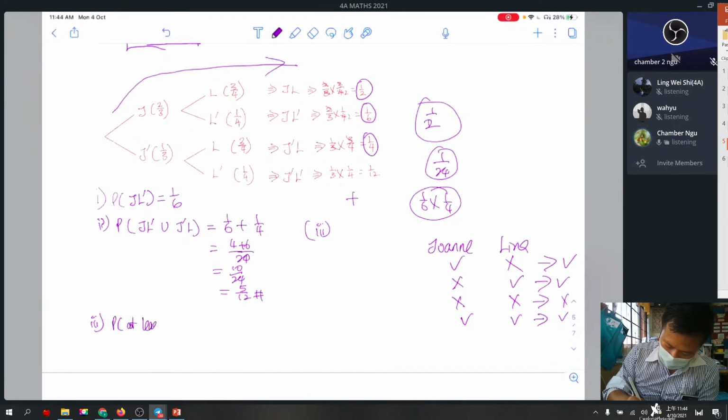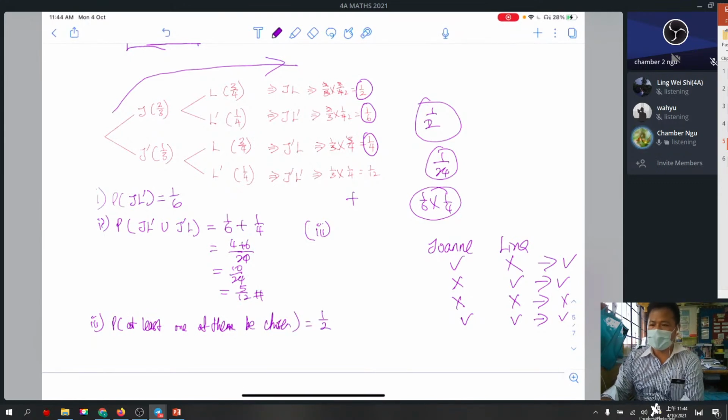At least one of them being chose. Okay, so we get 1/2 time or plus. Got you? 1/6 and also 1/4. So this one has to multiply or add. Perlu didarab ataupun ditambah.